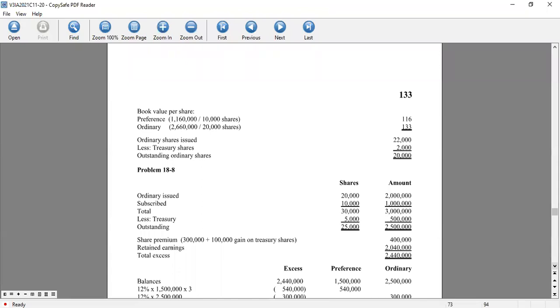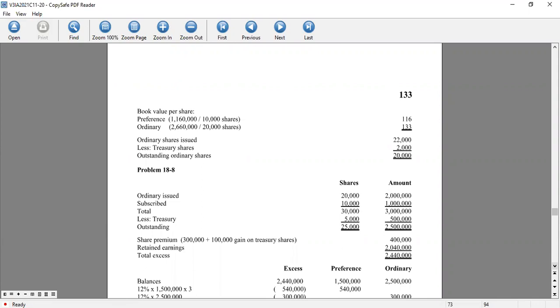Now, for the ordinary shares issued of 22,000 and for the treasury shares of 2,000. Now, take note that given above, we have the ordinary shares of 40,000.